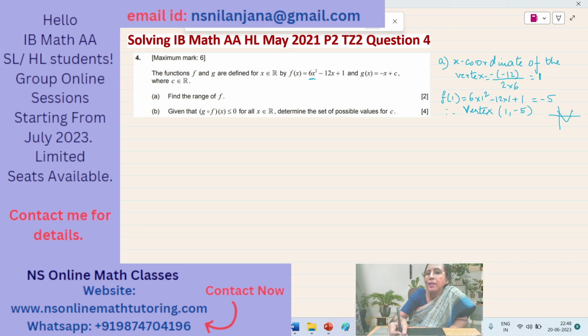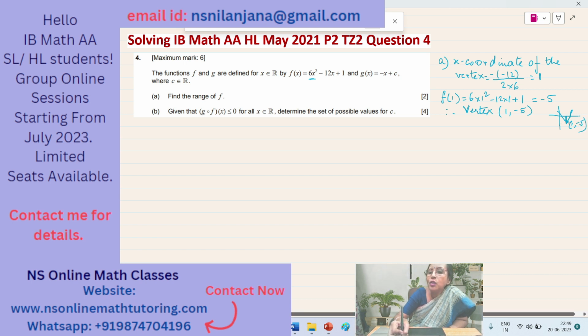I do not know what the zeros are, but the vertex is 1 and negative 5. This is a rough sketch. So this is the vertex.